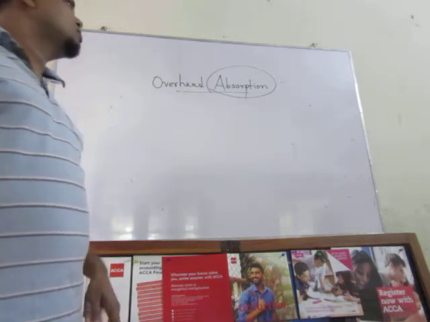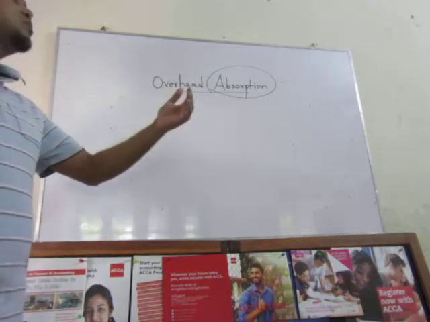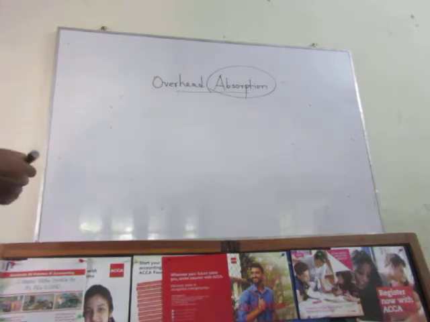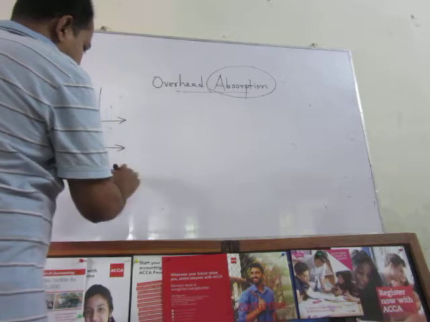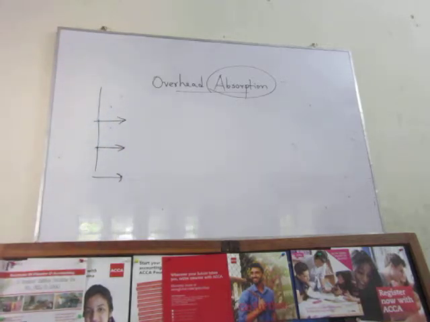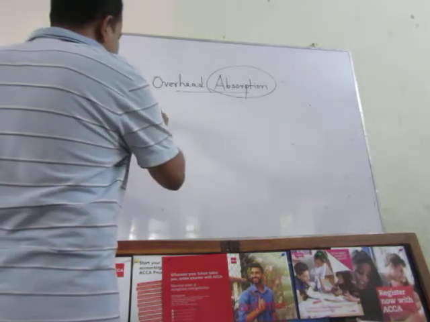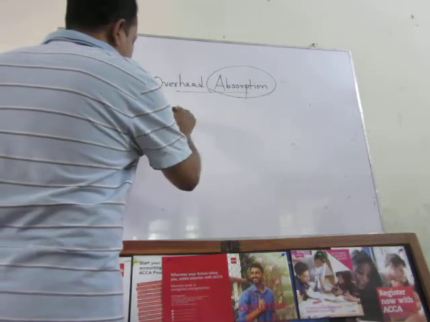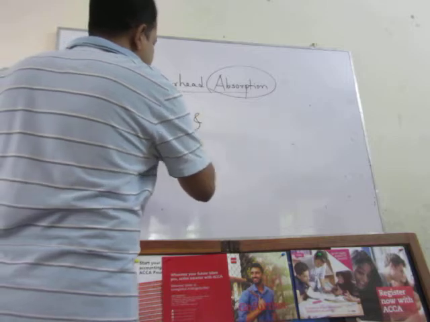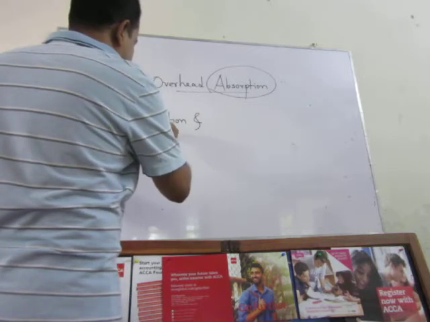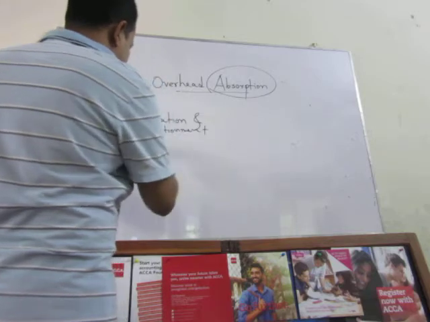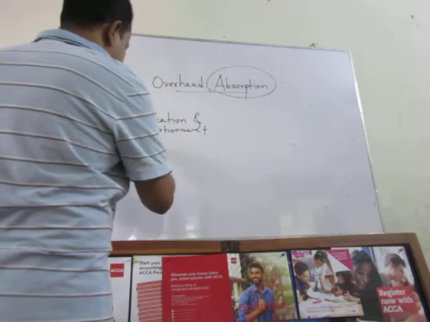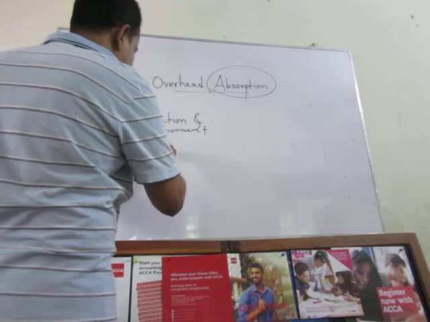Clear? So when you step forward to calculate overhead absorption costing, you have to go through 3 sequential stages. Why are these sequential? Allocation and apportionment. Reapportionment.